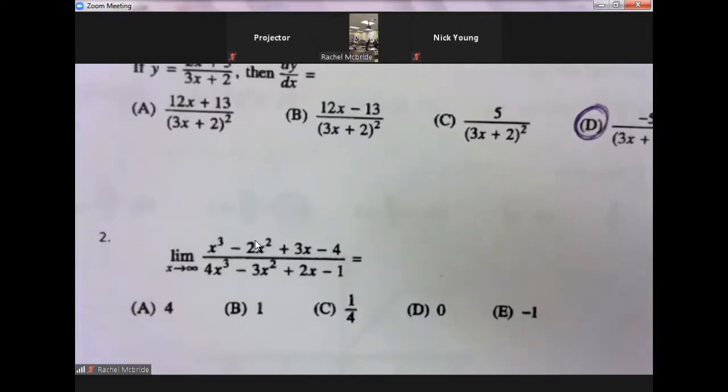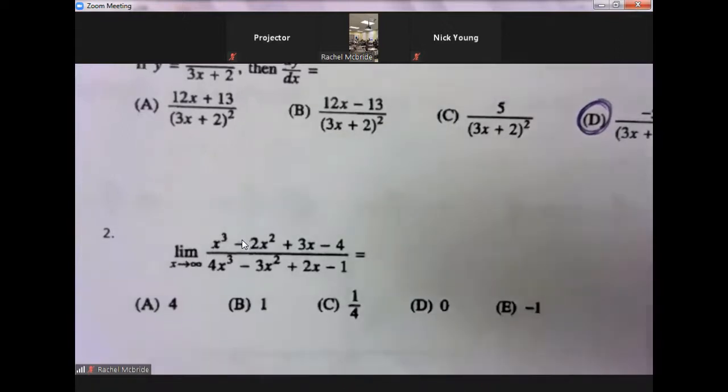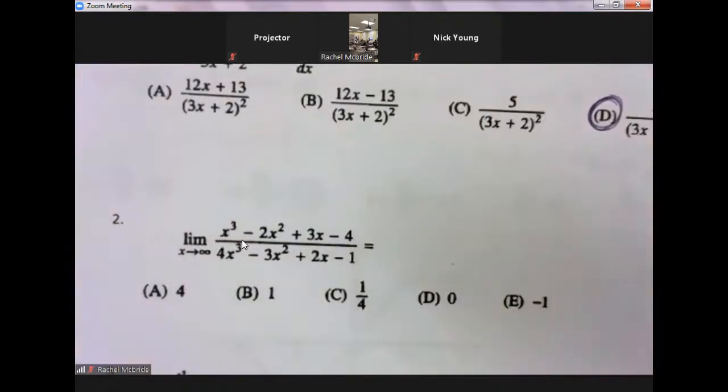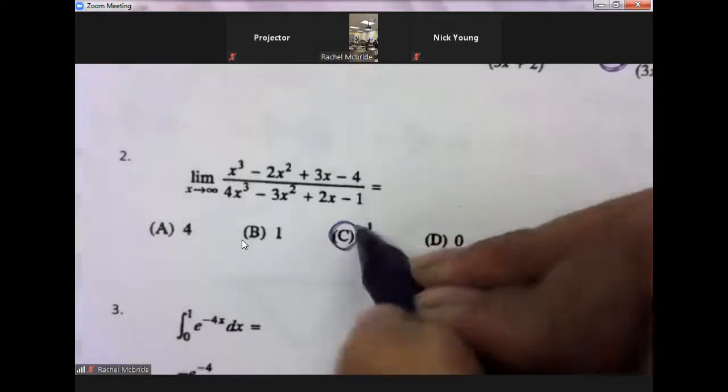Number 2, A, B, C, D, or E. Good. Okay. Correct answer. We were kind of a mixed bag of answers, to be honest. Correct answer was C.